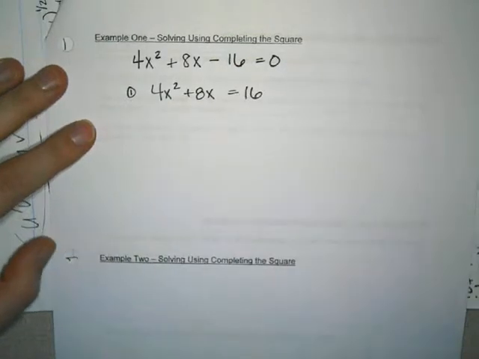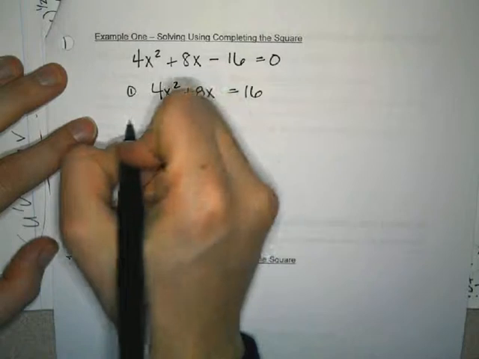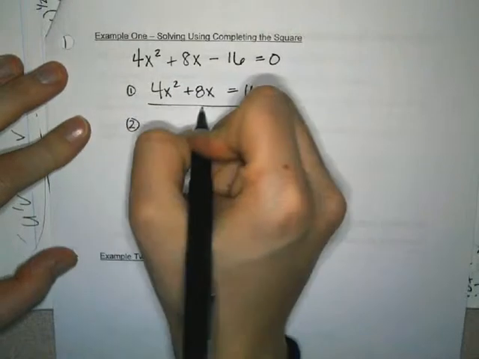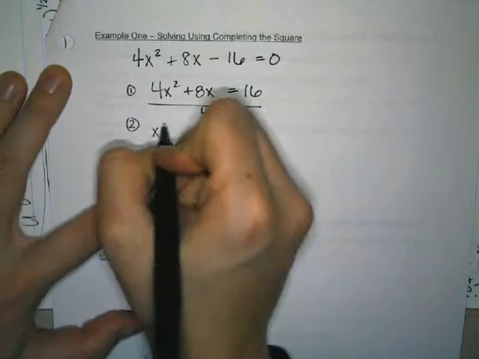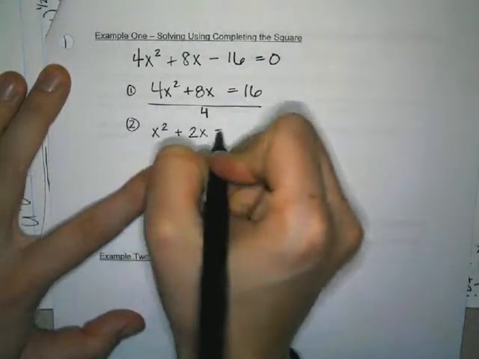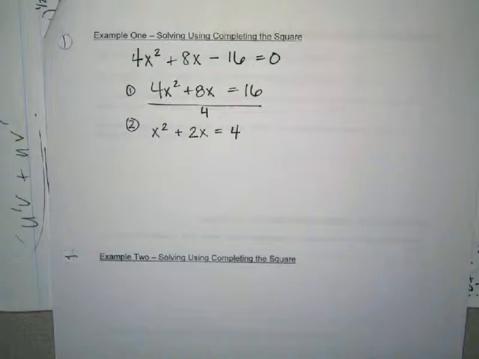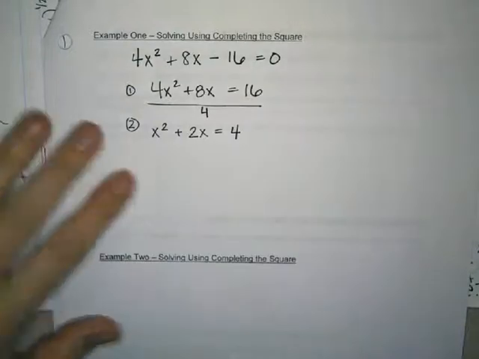Then I'm going to divide everything by A, because my a value is 4. I'm going to divide everything by 4. So I get x squared plus 2x equals 4. Okay.